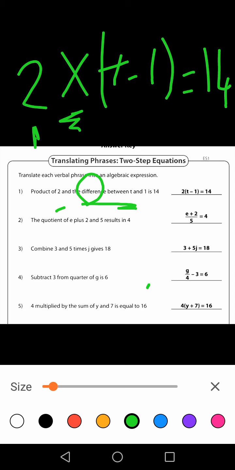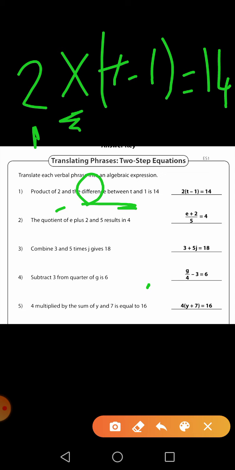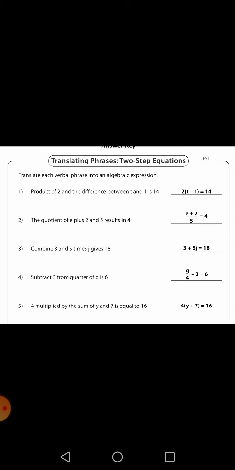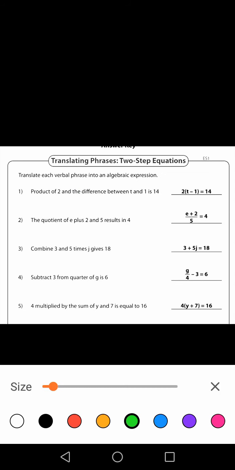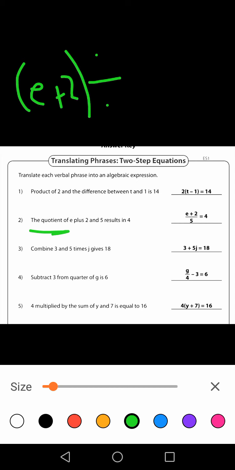What about number 2? The quotient, which means divide, of e plus 2 and 5. So it will be e plus 2 divided by 5.